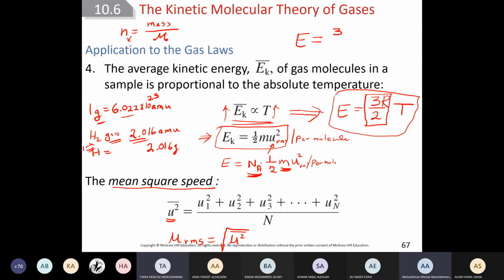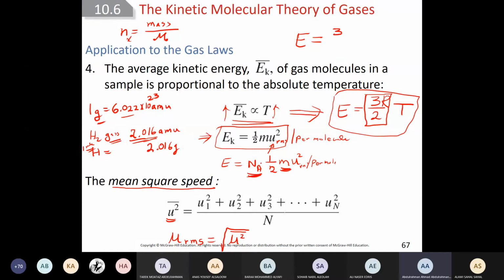Doctor, how did you get 2.016? The first one or the second one? The first one, AMU. Tell me, how do you get it? From the periodic table. You have a periodic table. It's H2, so it multiplies by 2.